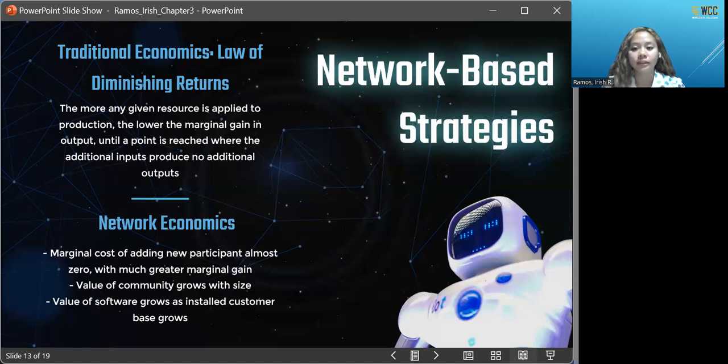Network economics suggests that information technology can be used to create user communities and increase consumer satisfaction and loyalty. Examples include iVillage and eBay, which are founded on networks of millions of members. Software companies can also benefit from a larger installed base.